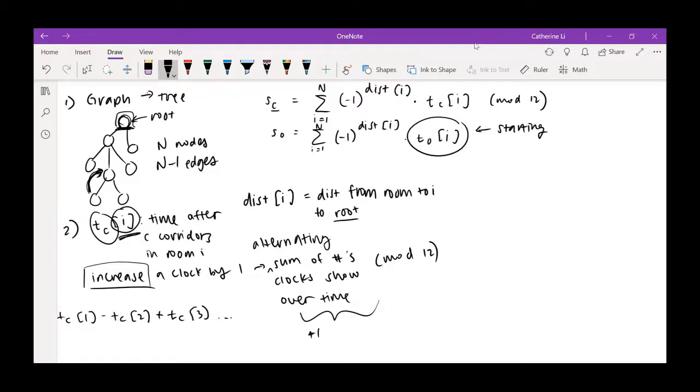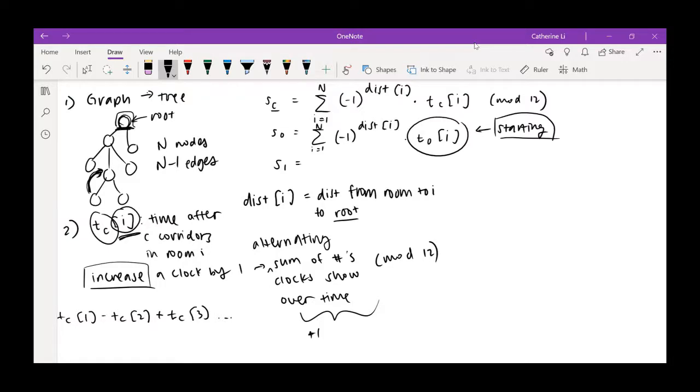So basically we're just going to take the alternating sum of the starting numbers. This part is pretty self-explanatory.